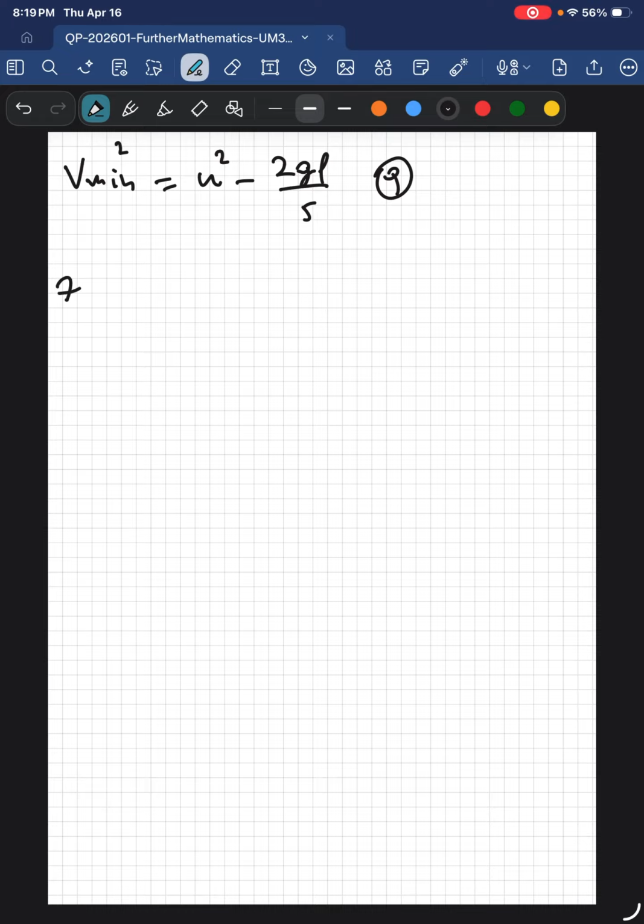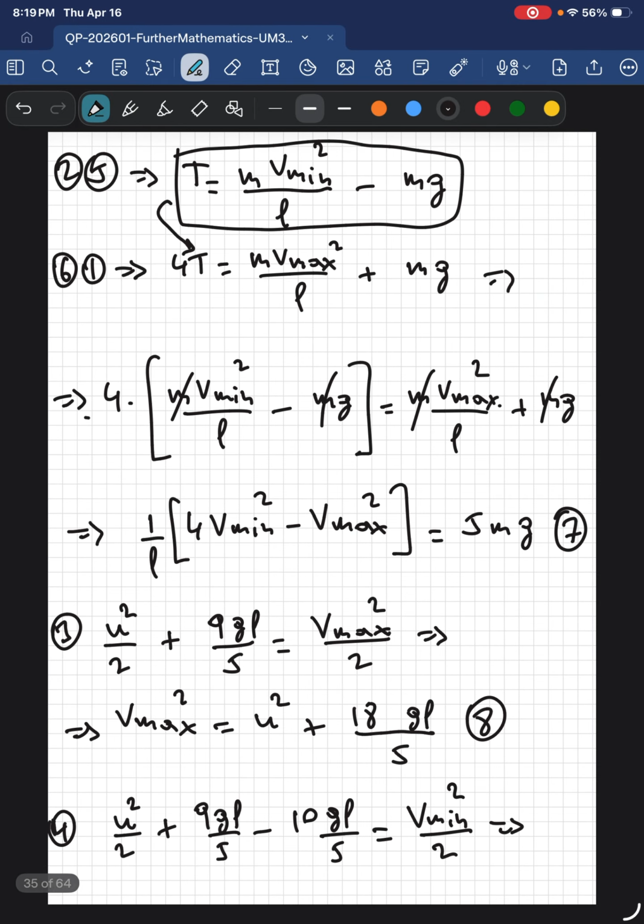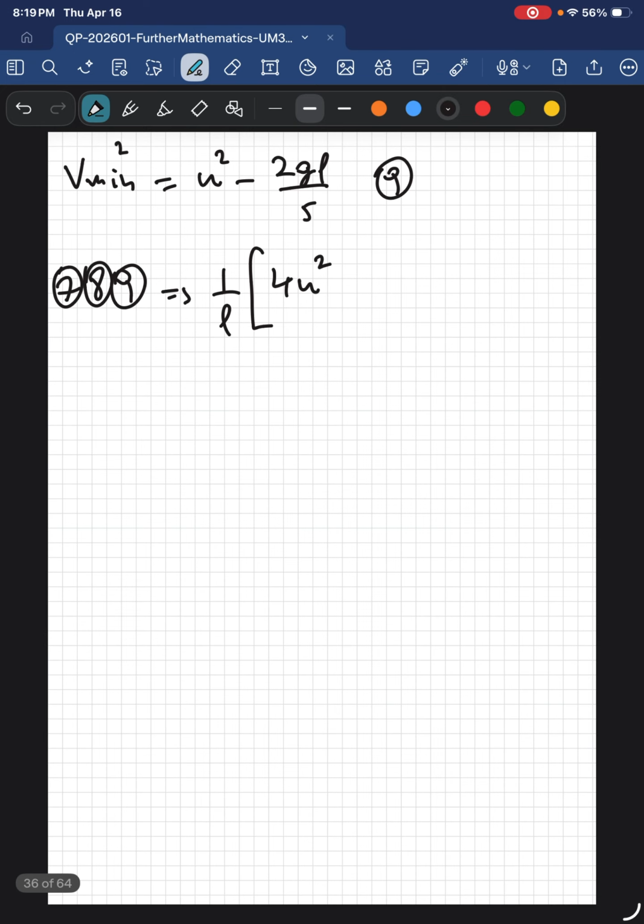And now from equations 7, 8, and 9, we can finally write that 1 over L times 4 times u squared minus 8gL over 5 minus u squared minus 18gL over 5 is equal to 5g.